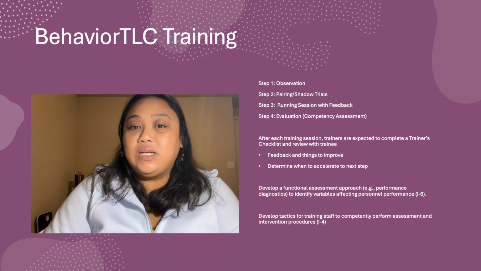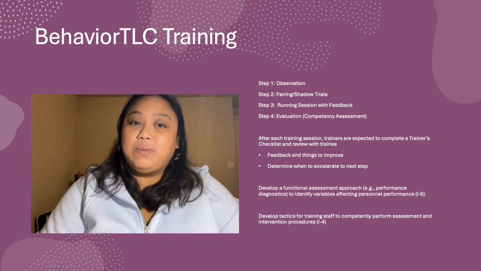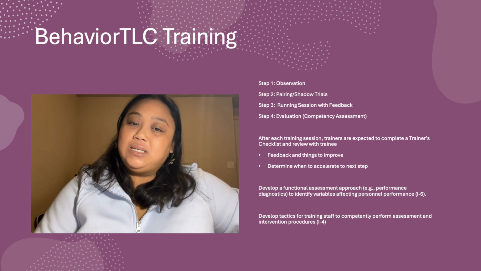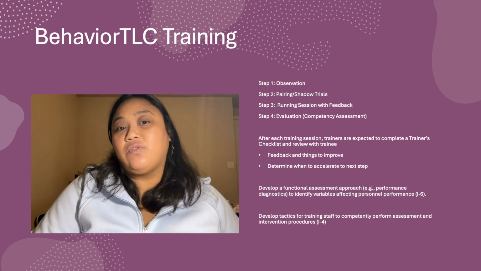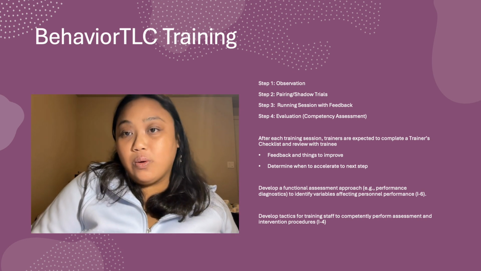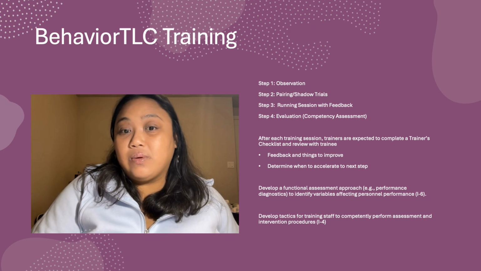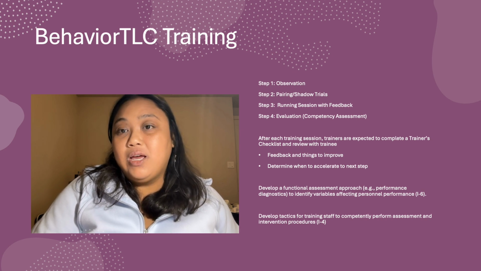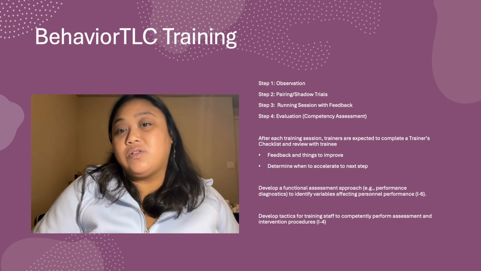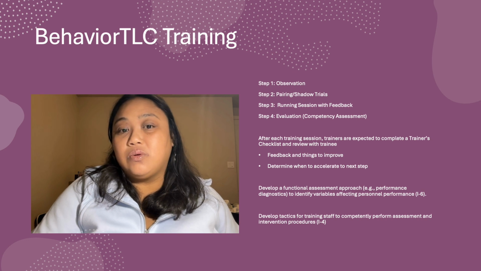After each training session, trainers are expected to complete a trainer's checklist and review with the trainee. This is where we can determine when to accelerate the trainee to the next step, and we can deliver feedback plus constructive feedback, which is things to improve.